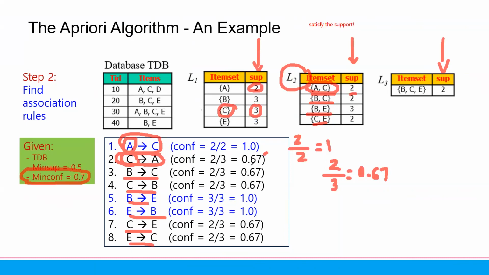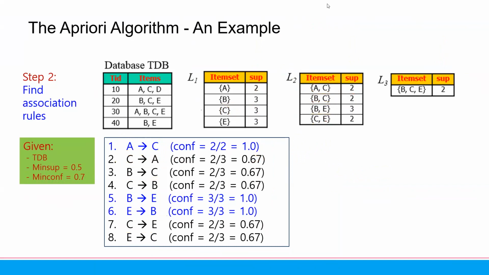And it is not included because it is below 0.7. You can check all the confidences, and the blue colors are the association rules that fit the minimum confidence. So this is when k equals to 2.